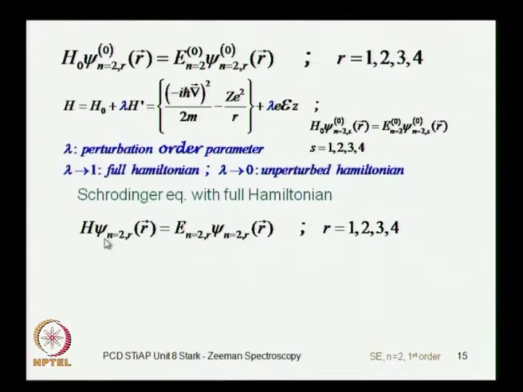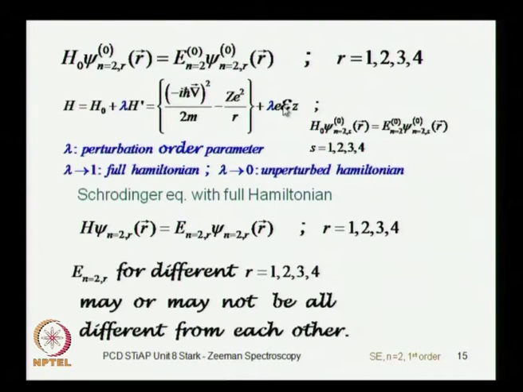So, this is H psi for n equal to 2, which includes the perturbation now, equal to E psi, and this E will be different from this E0, and this Hamiltonian is this H0 plus the perturbation. So, one might expect that this E, which is the eigenvalue of the full Hamiltonian, for different values of r may be different, but not necessarily so, because it depends on to what extent the degeneracy is removed by this perturbation.